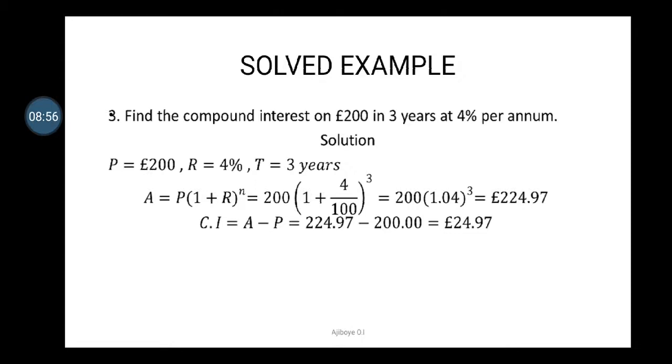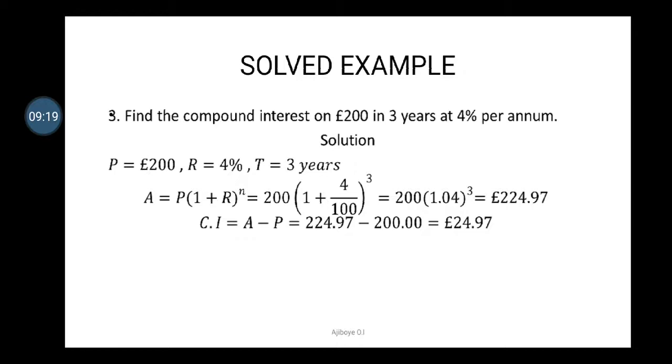The amount is given as A equals P open bracket 1 plus R close bracket raised to the power of n. If you substitute the given values, 200 for P, 4 over 100 for rate, and n for time.